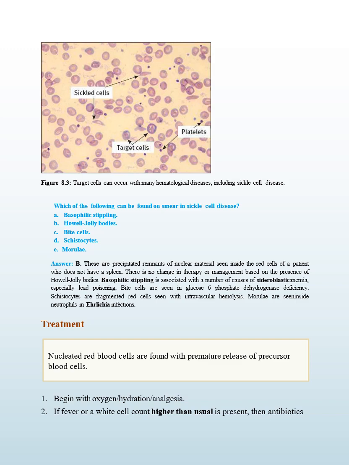Here there is a clinical tip we have to remember. Do not wait for the results of testing to start antibiotics if there is a fever. The absence of a functional spleen leads to overwhelming infection.